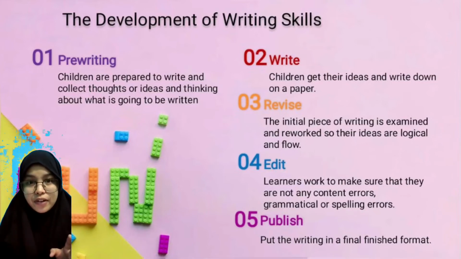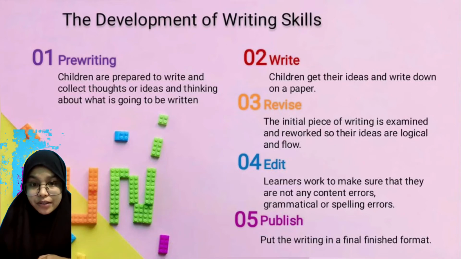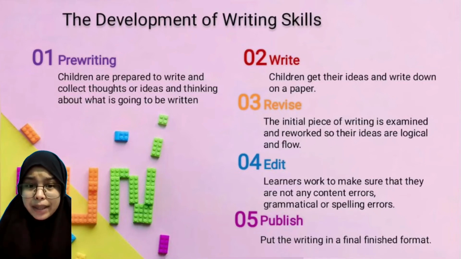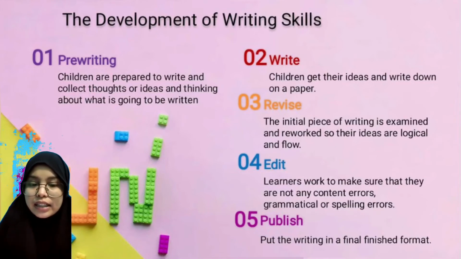Kemudian the fourth is edit. Learners work to make sure that there are not any content errors, grammatical or spelling errors. Jadi di tahapan ini itu tahap edit. Setelah tadi adanya revisi, maka tahapan ini adalah tahap pengeditan. Setelah dia mencoret bagian mana saja yang akan diperbaiki di revisi itu tadi, selanjutnya akan diperbaiki, ditulis lagi di bagian edit ini tadi.